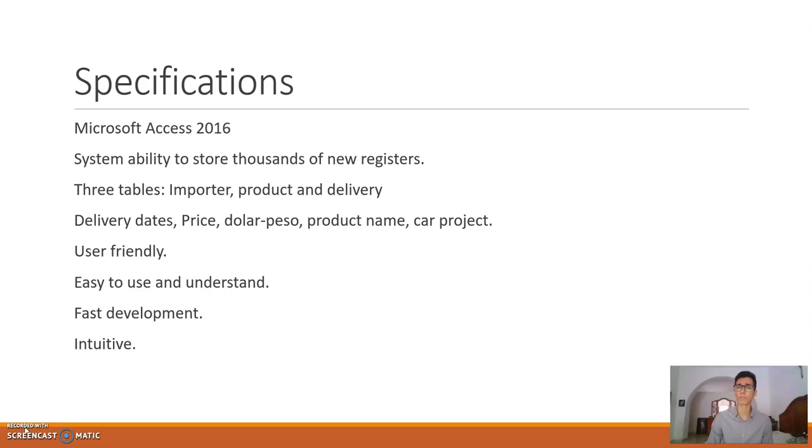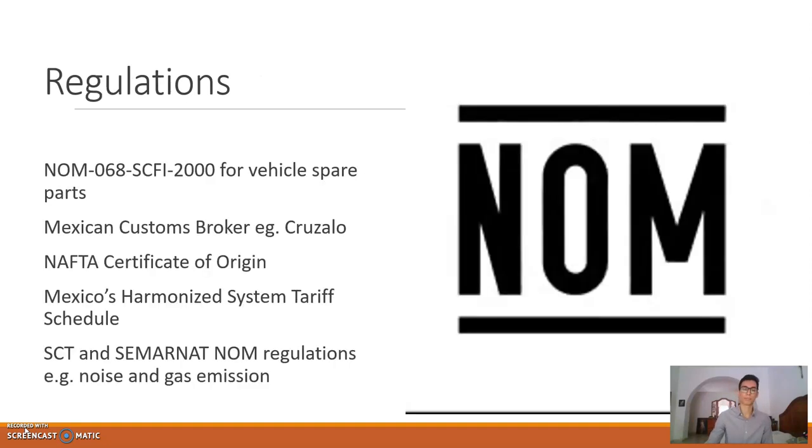I must include some aspects as delivery dates, price, currency, product name, and car project. As we have said before, the system must be user-friendly, easy to use and understand, intuitive, and it must have fast development.